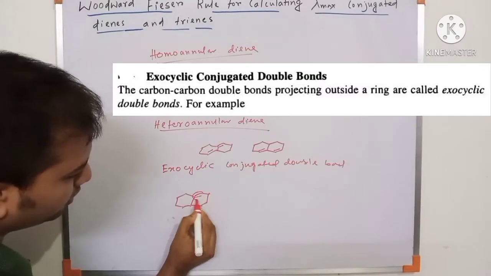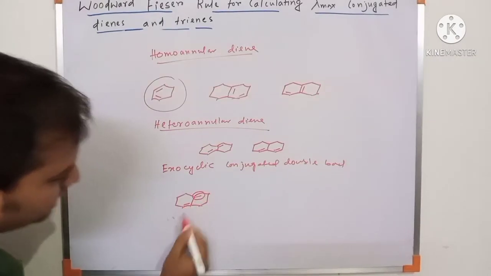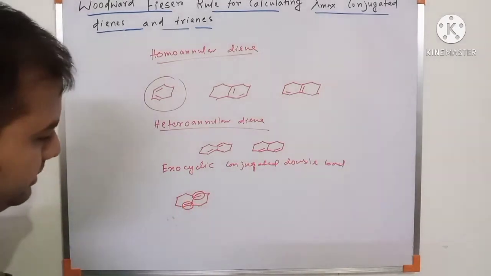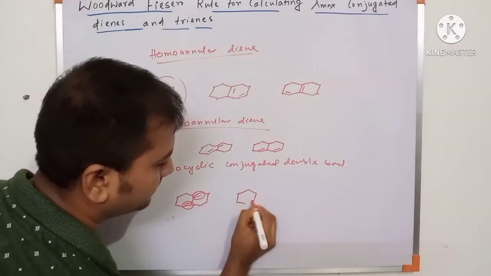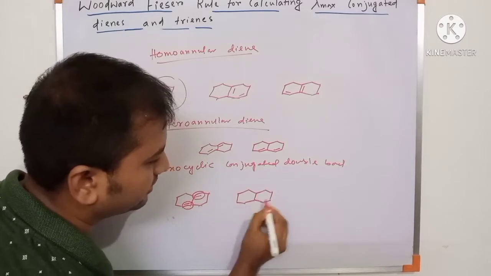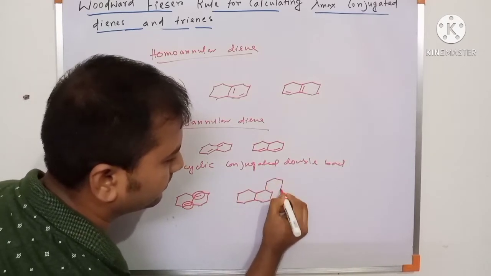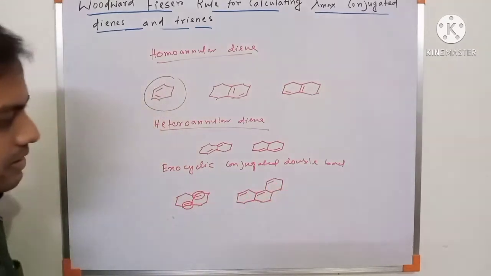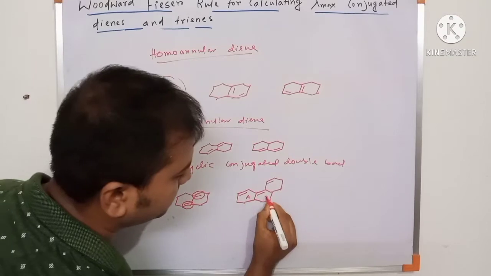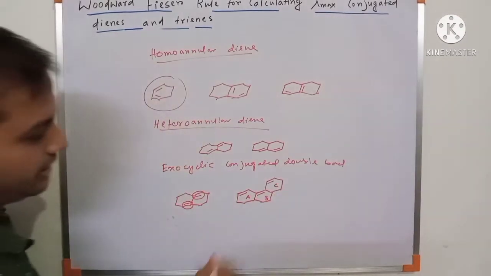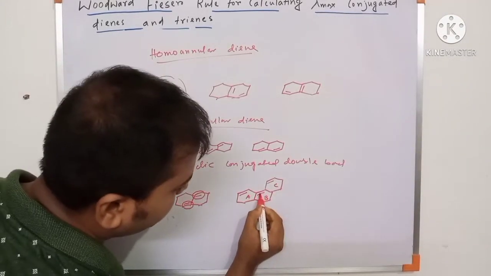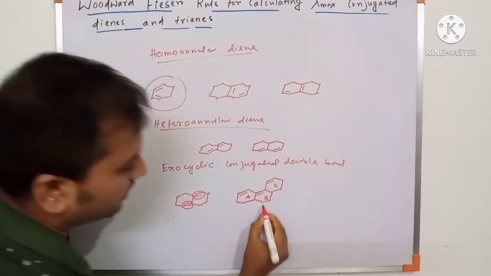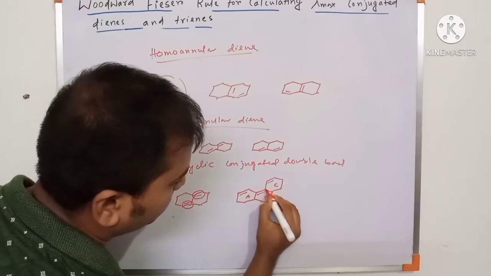And another example: suppose this is ring A, this ring B, and this ring C. Ring A has an exocyclic bond, and ring C has an exocyclic bond, but B has no exocyclic bond.